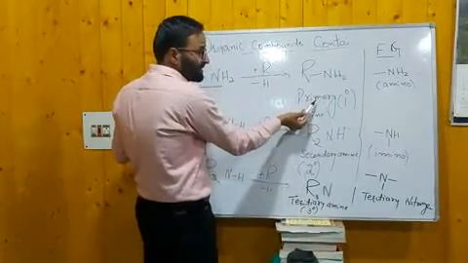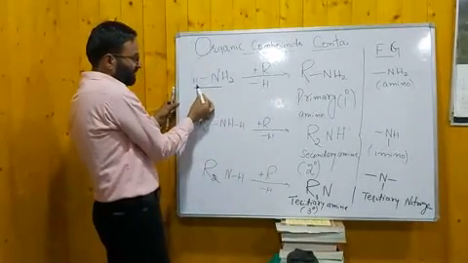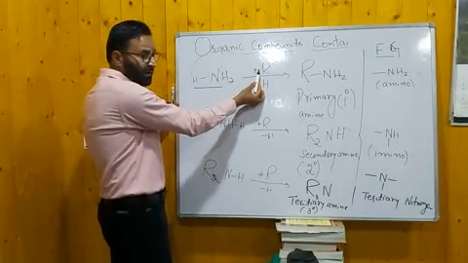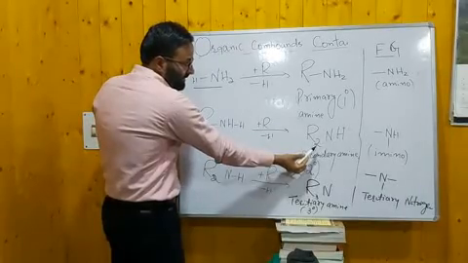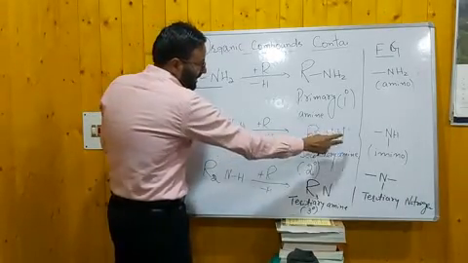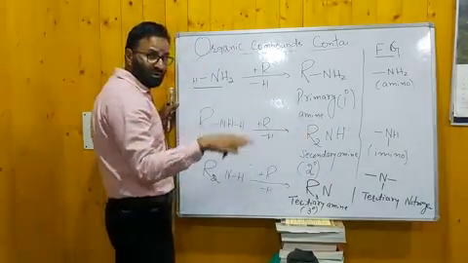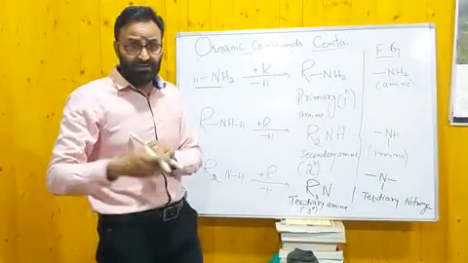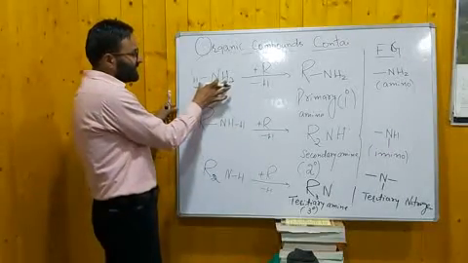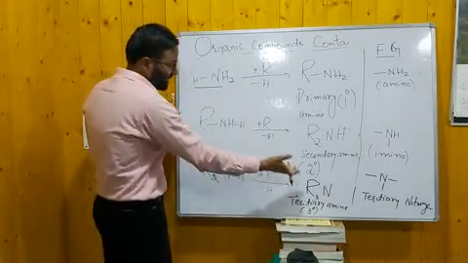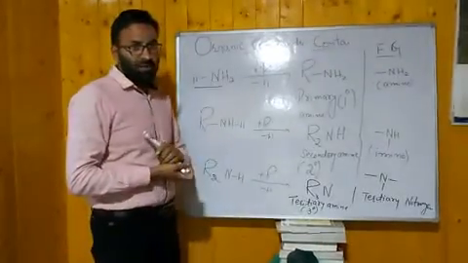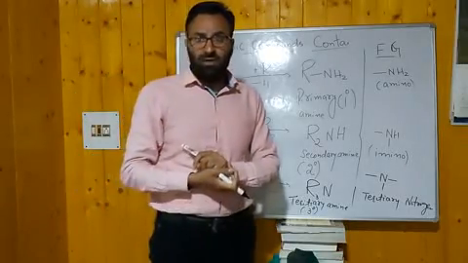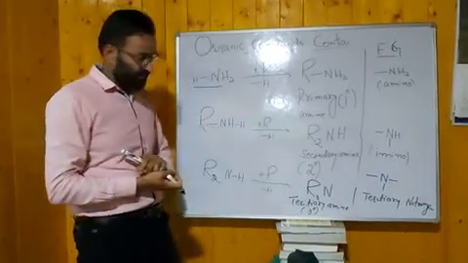Primary amines are obtained by replacing one hydrogen by one R. Secondary amines are obtained by replacing 2 hydrogens by 2 R groups. And we have another category, tertiary amines, 3 degree amines, when all the 3 hydrogens are replaced by 3 R groups.